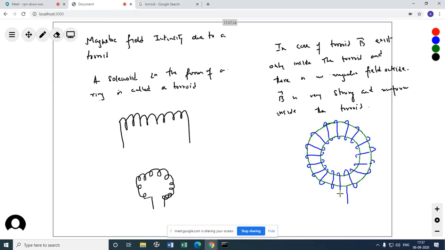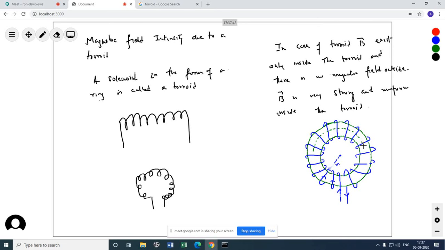This is the toroid, right? Now this is the current. This is how the current is going. This is the radius of the toroid. This is the center of the toroid. This is the radius R of the toroid. The magnetic field exists only here.